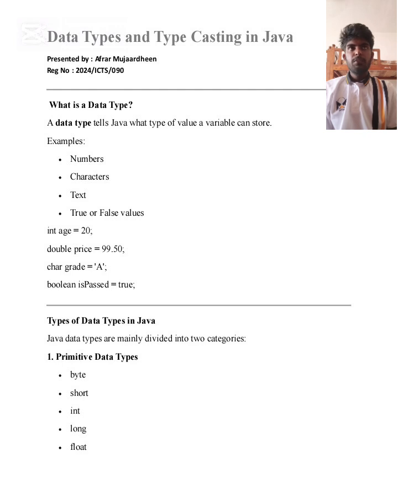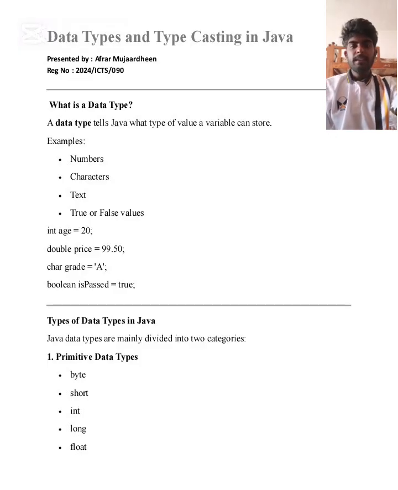Java uses different data types for these different kinds of values. For example, int age = 20, double price = 99.5, char grade = 'A', boolean isPassed = true.